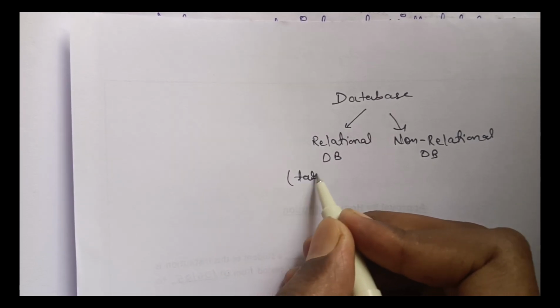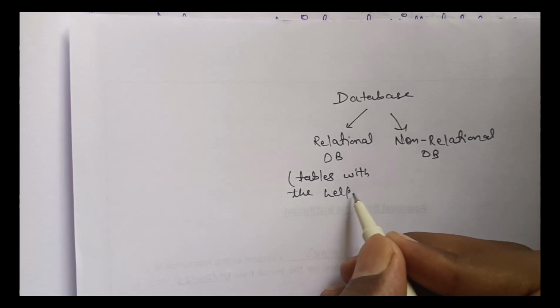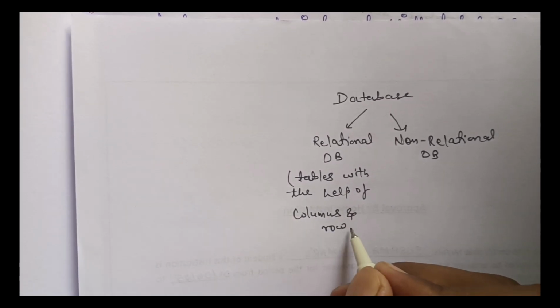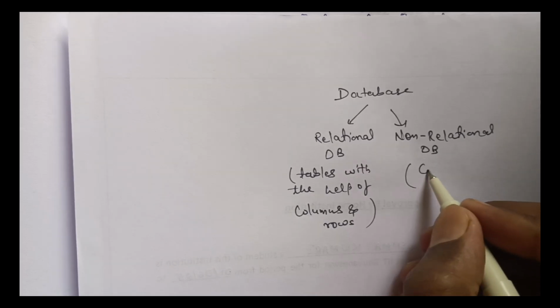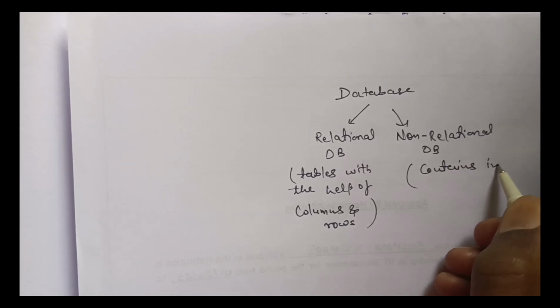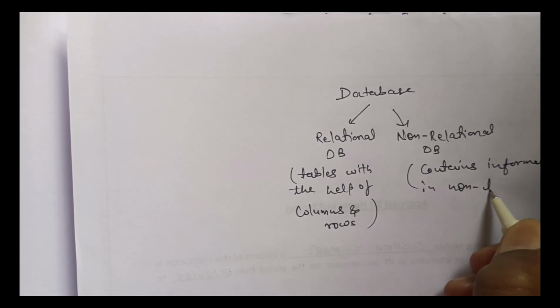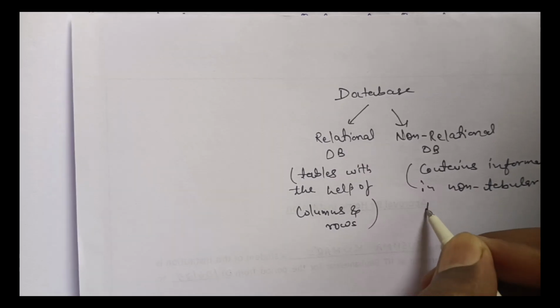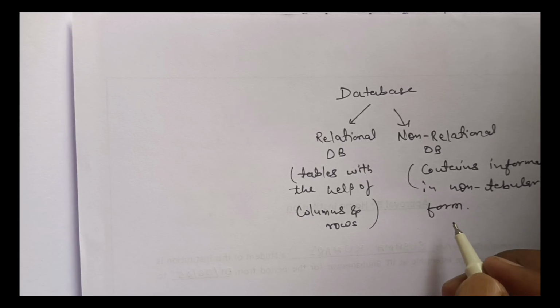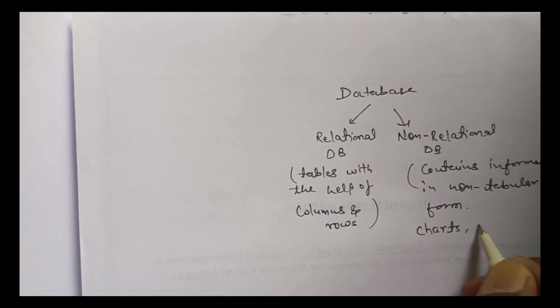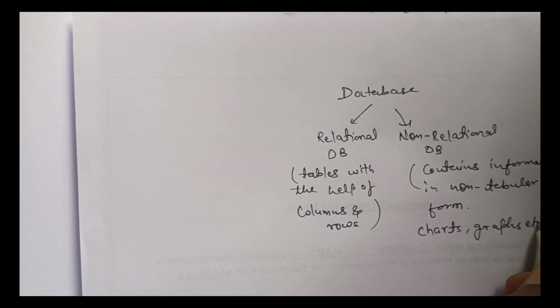A relational database contains the data in the form of tables with the help of columns and rows, and a non-relational database contains information in non-tabular form. It means it can store the data in the form of charts, graphs, etc.